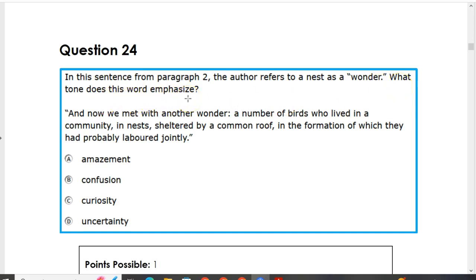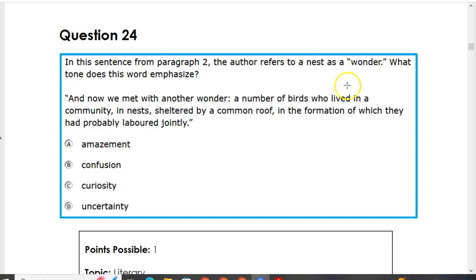Remember, tone are the words that the author uses to set the mood. And now we met with another wonder, a number of birds who lived in a community in nests sheltered by a common roof, in the formation of which they had probably labored jointly. So, again, we can replace that word wonder with these. So we have A, amazement, B, confusion, C, curiosity, or D, uncertainty?